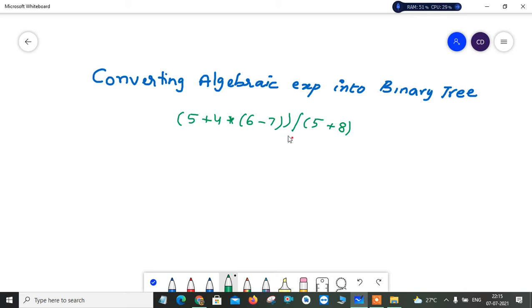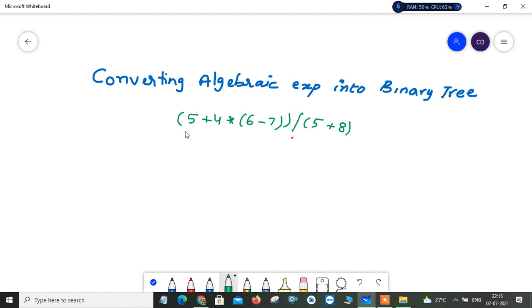And we all know in mathematics we have BODMAS rule, the order of brackets, division, multiplication, addition and subtraction. So that will give you the priority, meaning which part of an expression is going to be evaluated first.